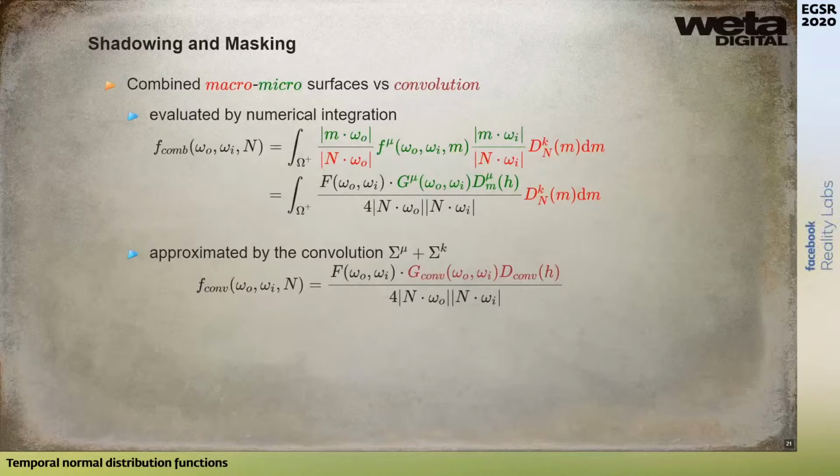The macro in red is represented by our filter that extends over the spherical domain. In the combined version, we need to integrate over all possible half vectors m of the macro surface, with a change of variables to move from the macro to the micro surface. This is in fact impractical in rendering, and it will be too expensive to evaluate exactly.